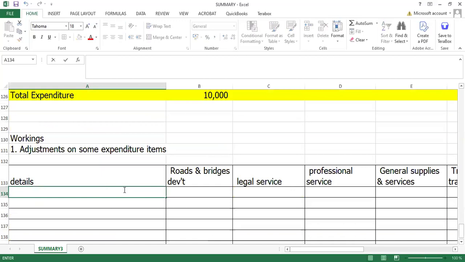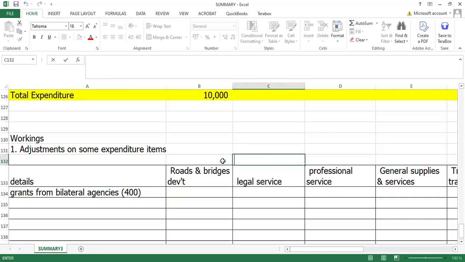So, first of all, we are going to do adjustments because of the money received from our supplementary funds. We are allocating grants from bilateral agencies, and we are allocating 400 million.